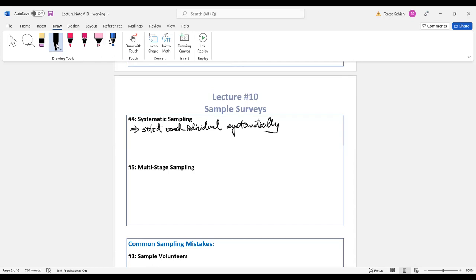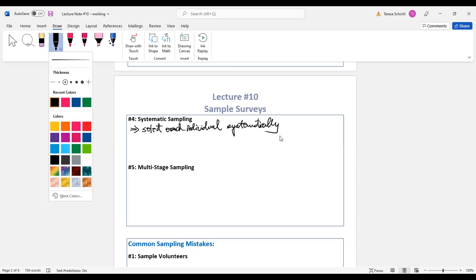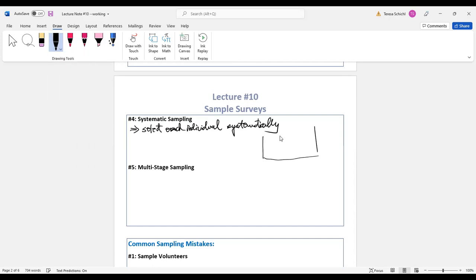Let me draw a picture for you. Say this is my population, and you give each person a number. For example, this is number 1, number 2, number 3, number 4, number 5, and so on up to number 12.